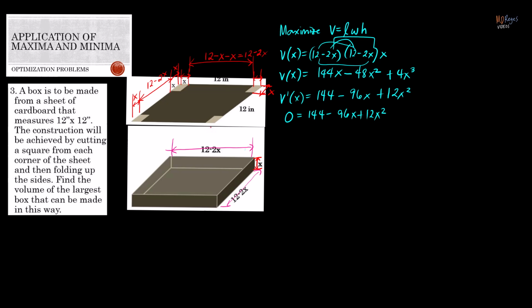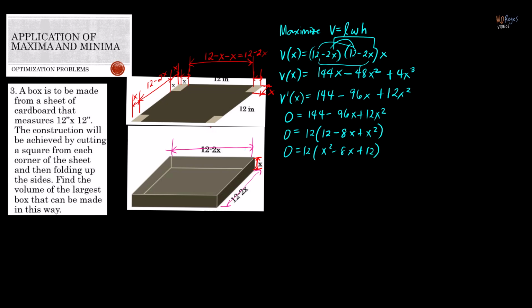Everything is divisible by 12, so we can factor out 12 from all three terms on the right side. And we'll get 12 times the quantity 12 minus 8x plus x squared, or we can write this as 12 times x squared minus 8x plus 12.